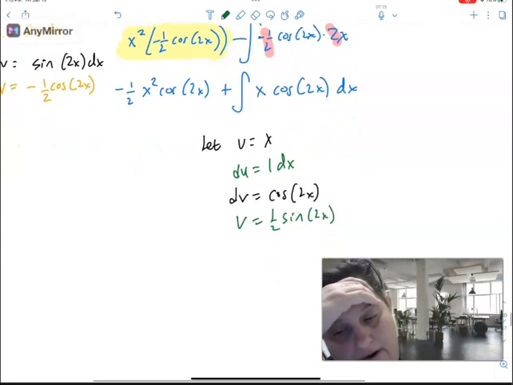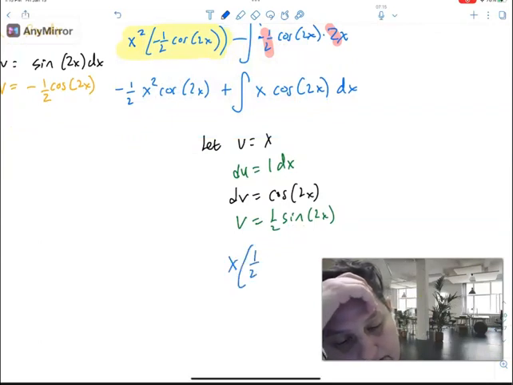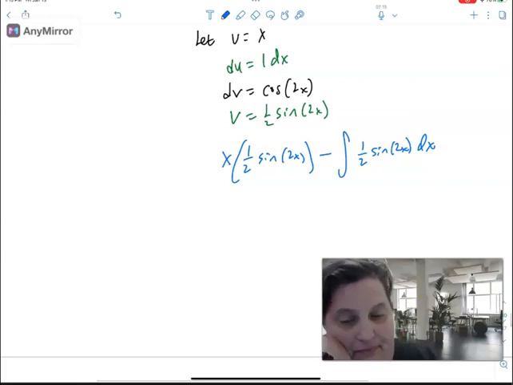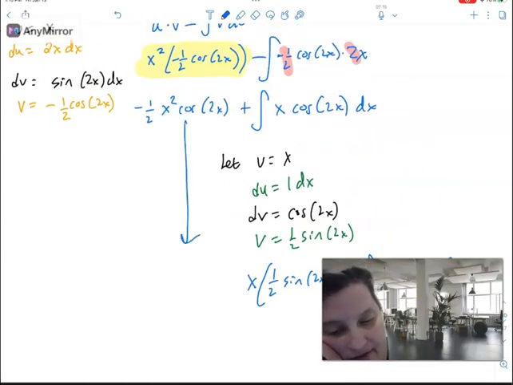And so when I do ultraviolet voodoo on this one, ultraviolet, that's UV, minus the integral of v du, which is just dx. And now it'll work. Oh, and don't forget, I still have this.